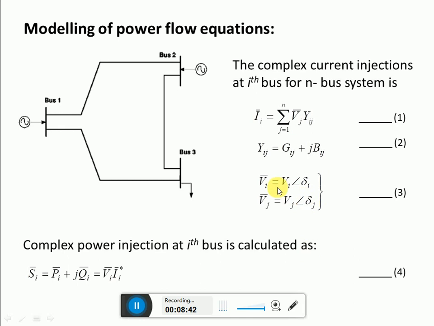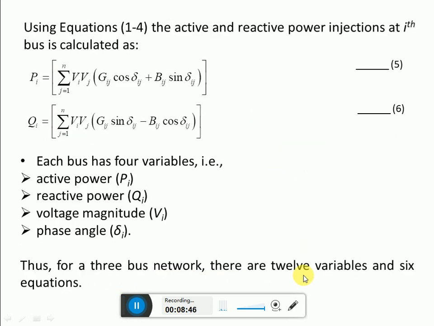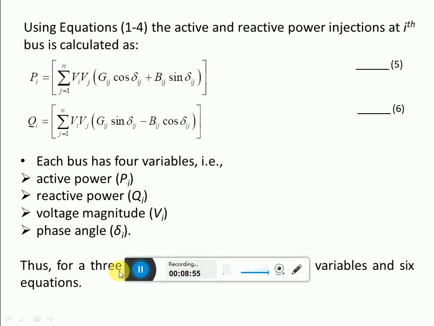So after putting all this here, we will get the load flow equations, two load flow equations, Pi and Qi. Equation number 5 and equation number 6 represent the power injection at node i, and these are non-linear equations.